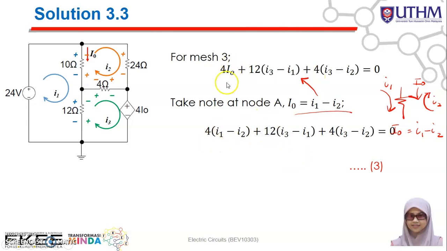So now I have I0 is equal to I1 minus I2, so I just substitute all those things, and then after that I can rearrange it.